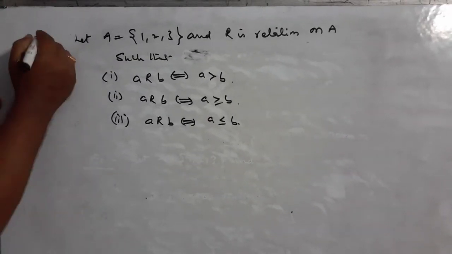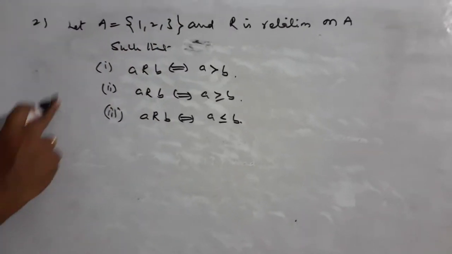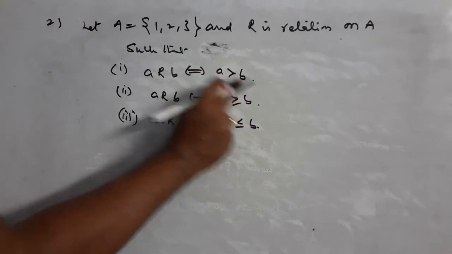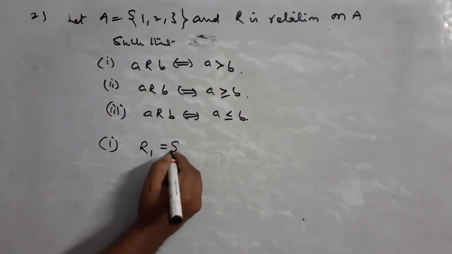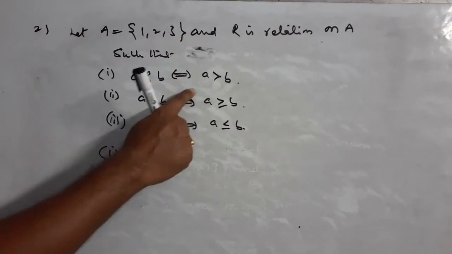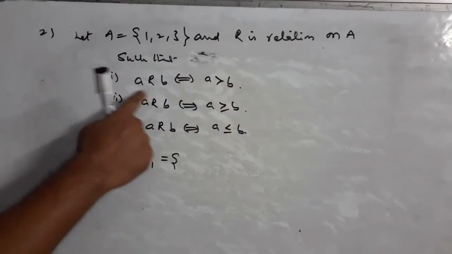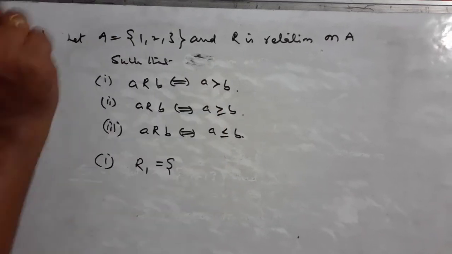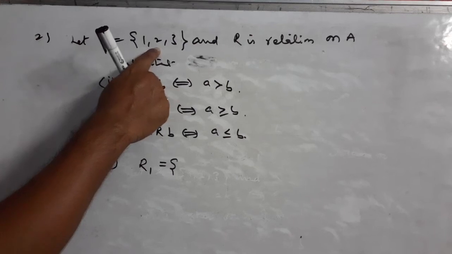The second problem: A is equal to {1, 2, 3}, R is a relation on A such that a is R related to b if a is greater than b. First, I am taking R1. Here the first coordinate should be greater than the second coordinate. We have to choose the values of a and b such that a is greater than b. (1, 2): 1 is less than 2, so it is false.